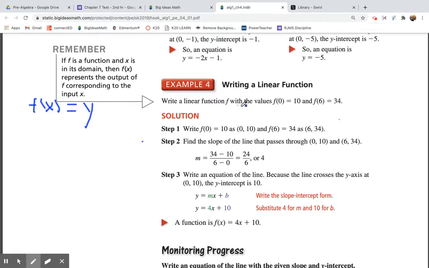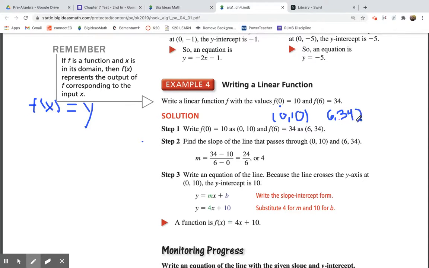Okay, so when it says f of 0 equals 10, if you were to solve f of 0, that means you're plugging 0 in for x. So these are points, and that's the answer you get when you solve. So that's the point (0, 10). And this is also a point. That would be the point (6, 34).